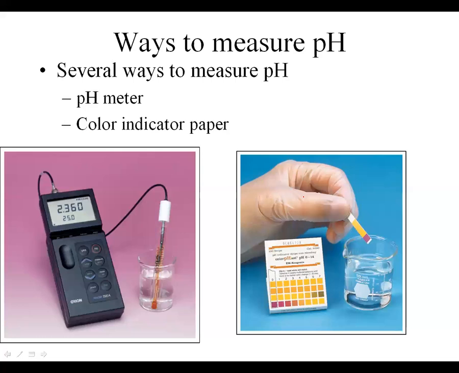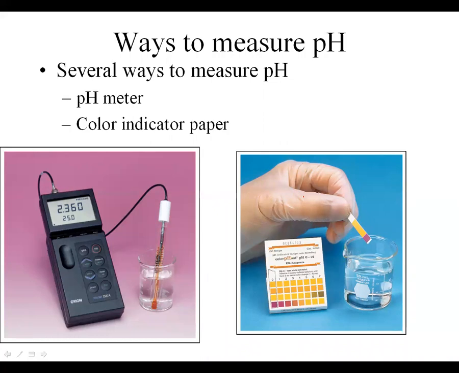Remember, that is basically what determines the pH of the solution, is how much of that's around. And as you can see on the display there on the left, it will usually give you a digital display of, hey, the pH is 2.36 in this case, and you will get a digital reading. So these are two very common ways that you could actually measure the pH of a solution.